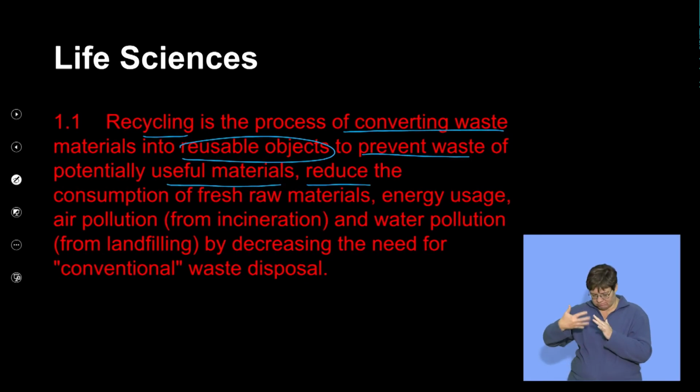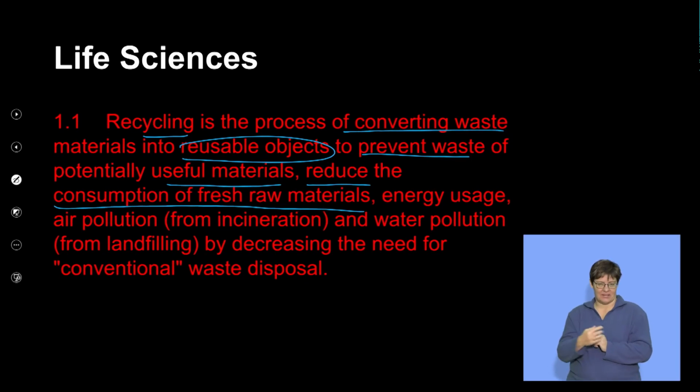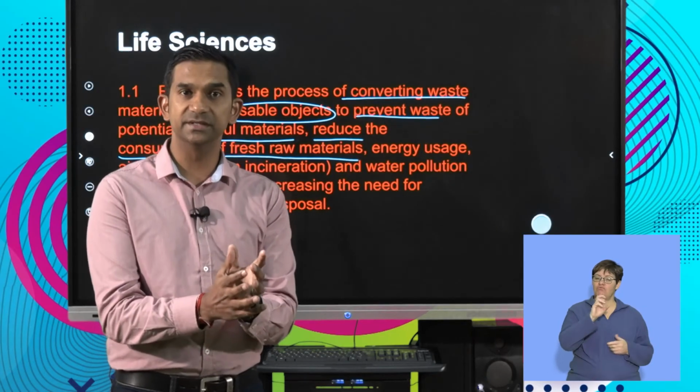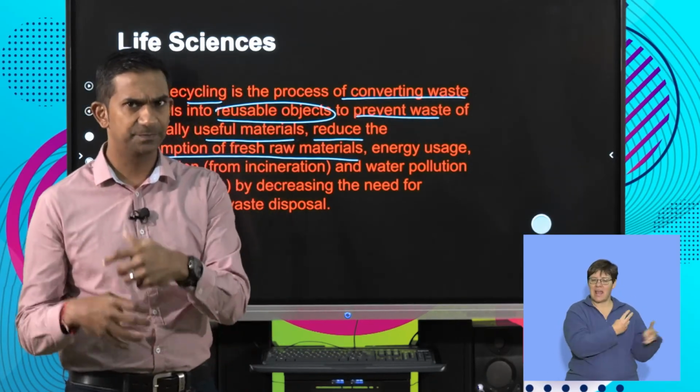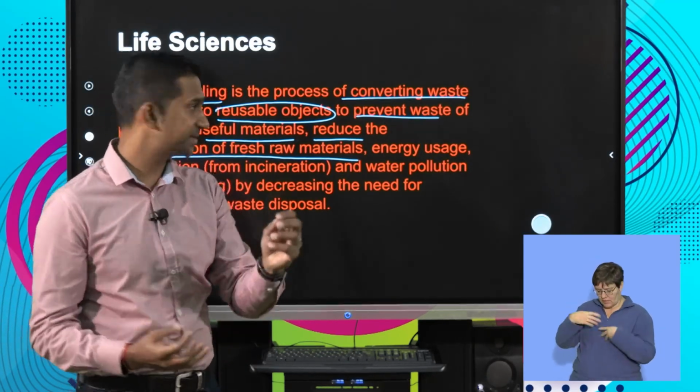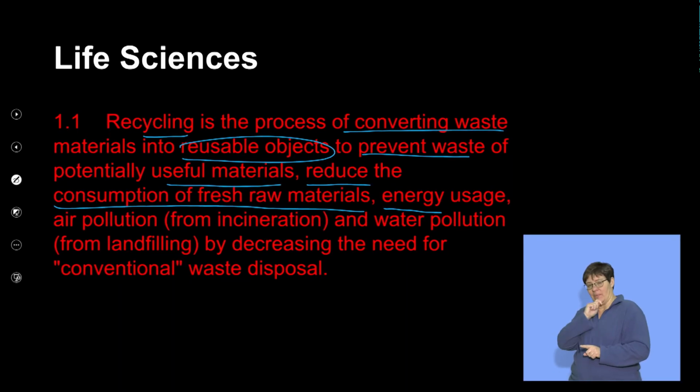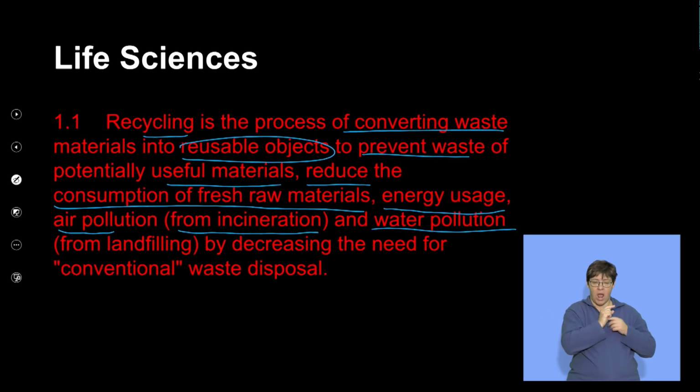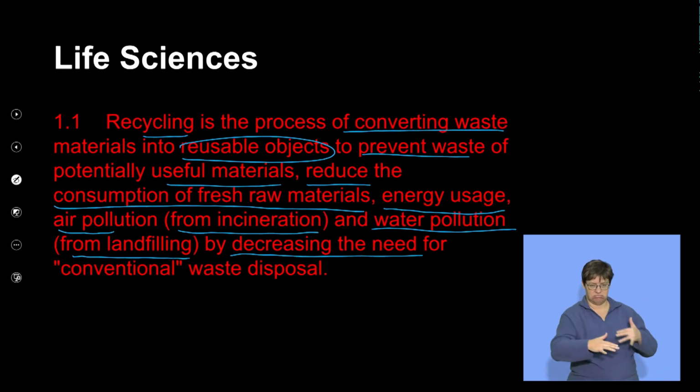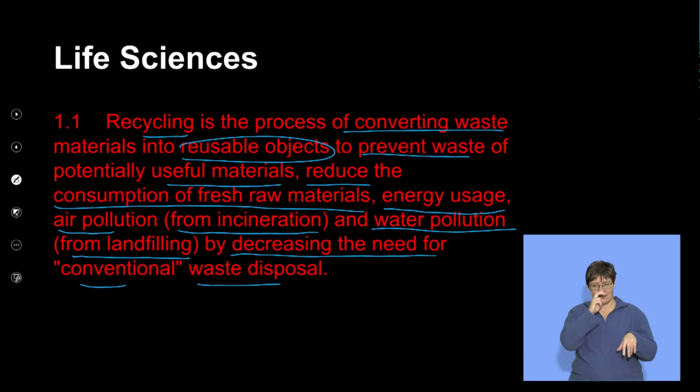We also reduce the consumption of fresh raw materials. So instead of us using fresh raw materials, we can recycle some of our other waste products and repurpose them. We talk about energy usage. We talk about air pollution from incineration and water pollution from landfills by decreasing the need for conventional waste disposal.